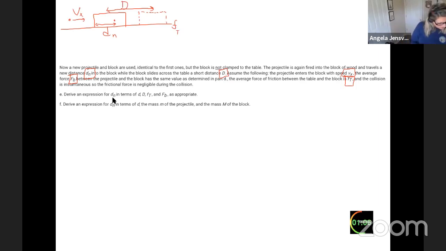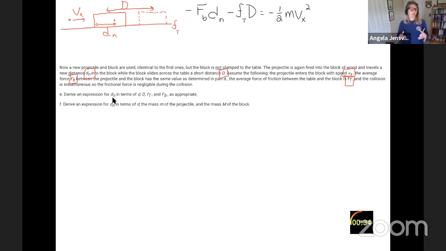So one of them is going to be force of the block, dn, and the other one is friction from the table, and that acts over a distance of capital D. And how much energy did it dissipate? Well, it stopped, so it's 0 minus 1/2 mvx squared. So the initial energy of this whole system was 1/2 mvx squared.